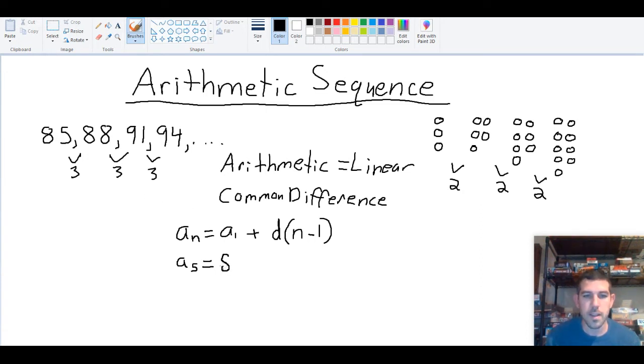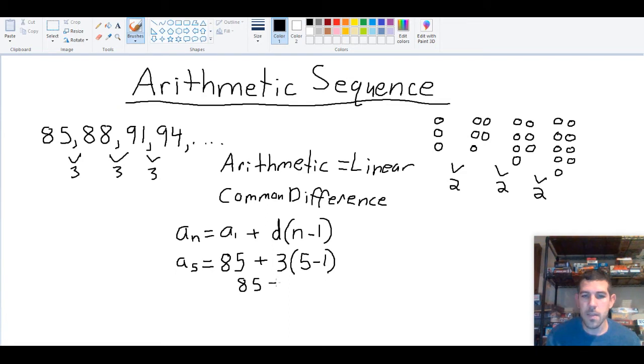So I'm going to plug in 85 right here, plus D, the common difference. We determined the common difference was 3, times N minus 1. N, again, is that term you're looking for. In this case, I said, what's the 5th term? So 5 minus 1. Now that I have all the numbers plugged in, let's go through the math.